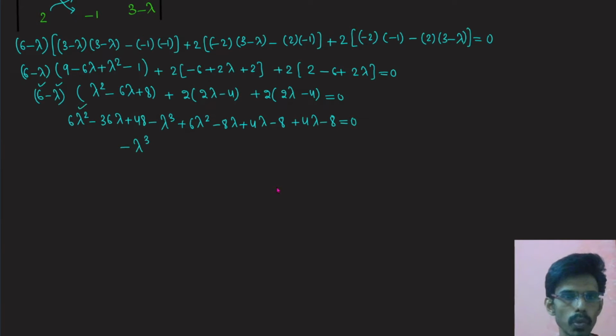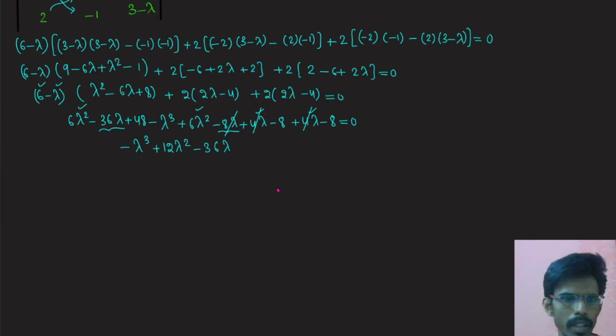Next we have lambda square, it will become 12 lambda square. Now the lambda term, here minus 36 lambda minus 8 lambda. See here we have 4 lambda, here 4 lambda, 4 lambda and 4 lambda will be 8 lambda; this 8 lambda and this minus 8 lambda will get cancelled, so here we have minus 36 lambda only.